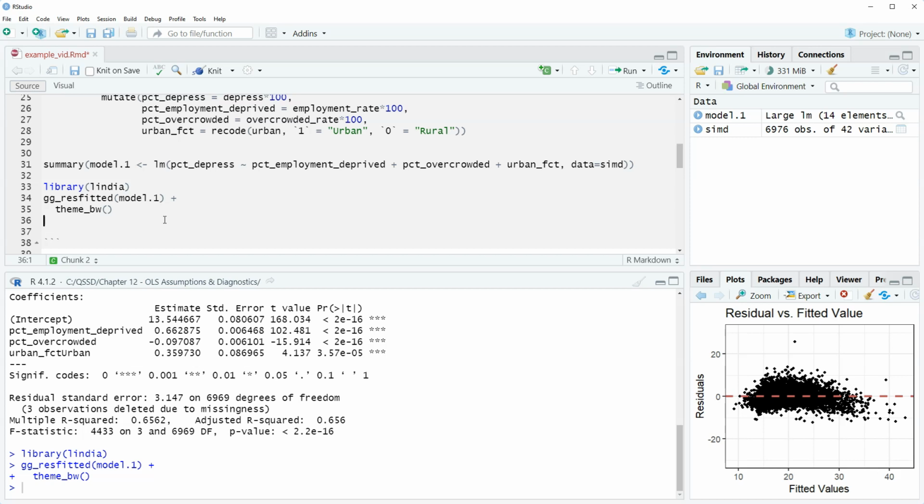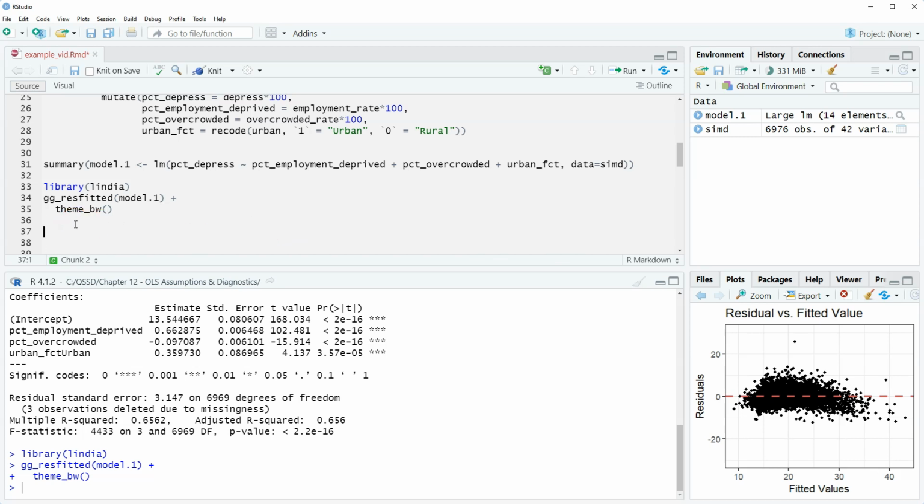Different people have different preferences about how to do diagnostic testing. Some people just prefer to look at visualizations and leave it at that. I don't always trust my eyes. So we are also going to look at a formal test for functional form.